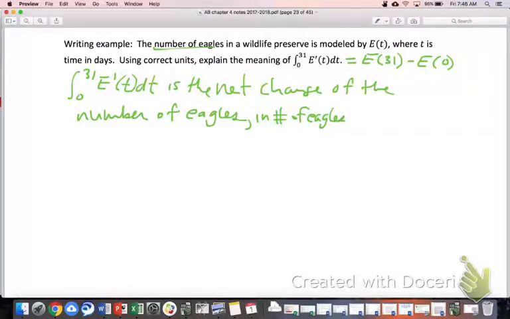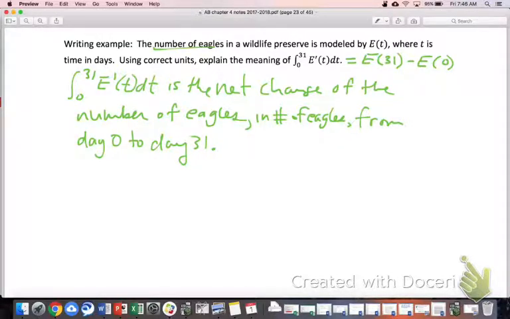But then, really important, we have to express the 0 and the 31. What do the 0 and the 31 have to do with? Days, yeah. So you'd want to say something like from day 0 to day 31. So you want to include units with those numbers. That's the net change of the number of eagles in number of eagles from day 0 to day 31. So something like that would be good.